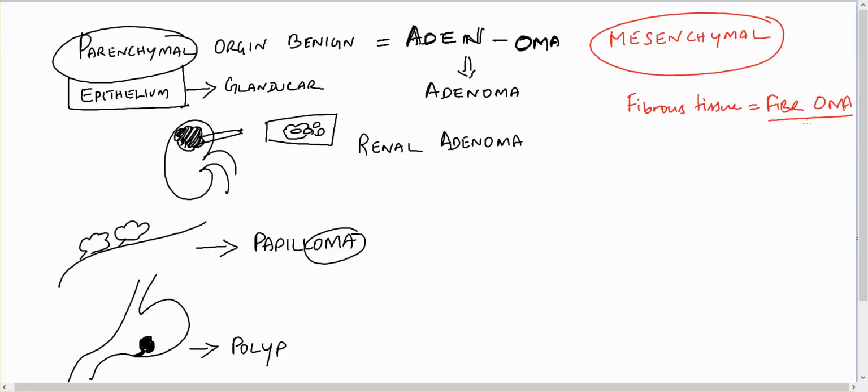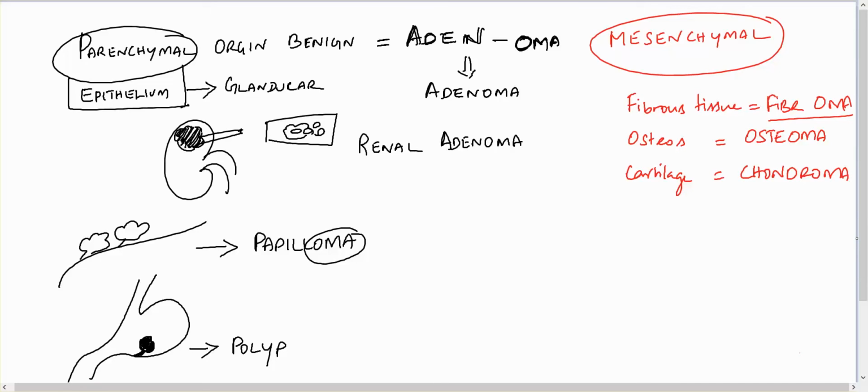It is called fibroma. Likewise, if it is of osseous tissue, it is called osteoma. And if it is of cartilage, then we call it chondroma.